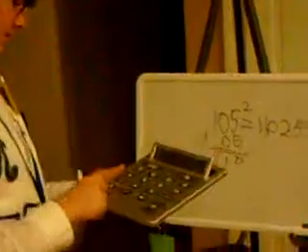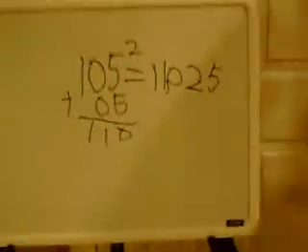Go back to my handy dandy colossal calculator and see if it is in fact correct. 105 times 105 equals 11,025. So once again, the math magic works.